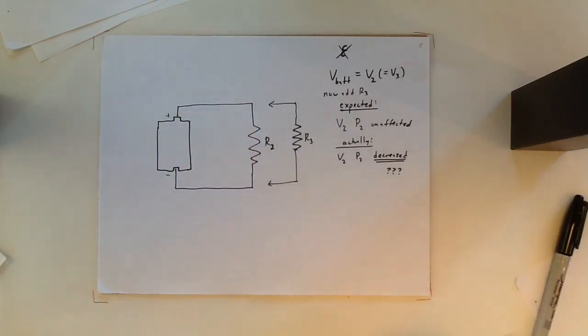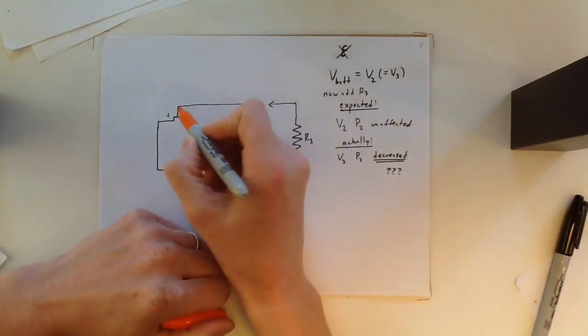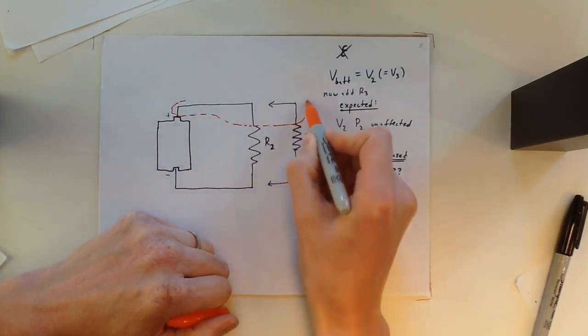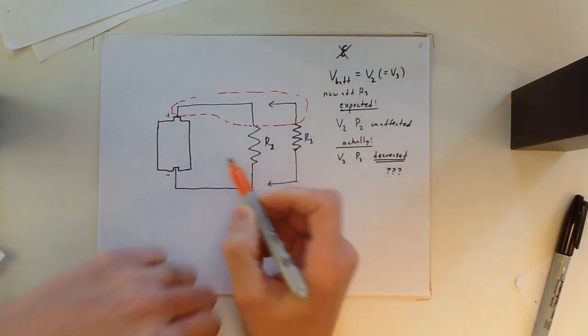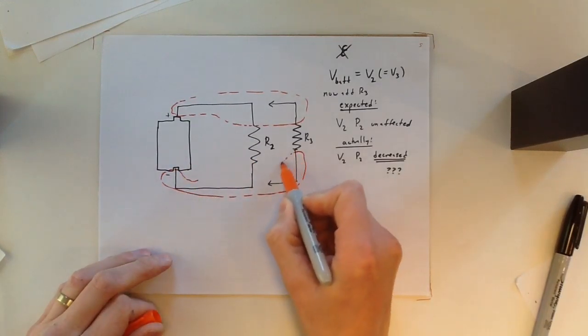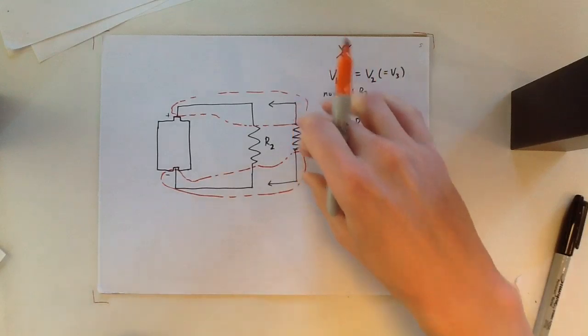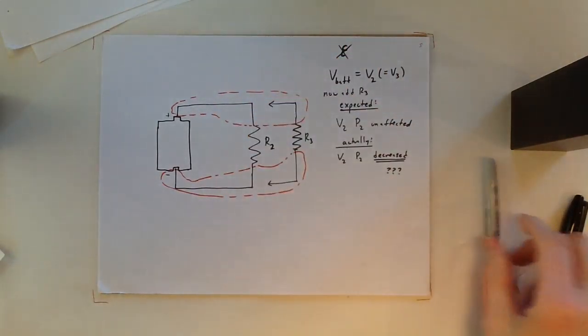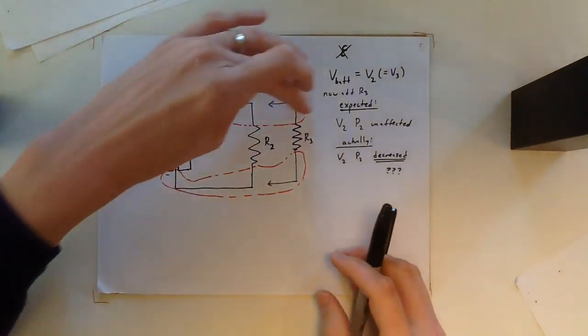Okay. So what do you have? You have one equipotential here, that's the high voltage. You have another equipotential here, that's your low voltage. I haven't connected R3 yet, but in anticipation of doing that, I will include it.